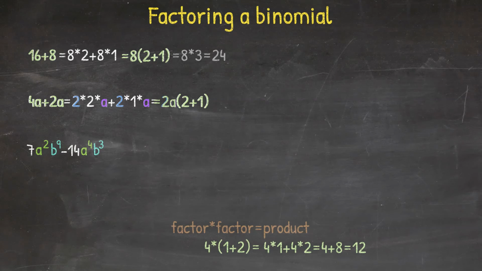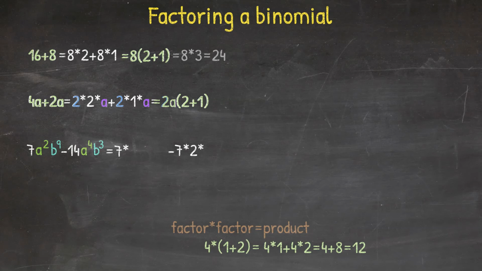Let's first focus on the numbers 7 and 14. We can clearly identify that they share a common factor 7. So let's have 7 as 7, or 7 times 1. And let's break down 14 into two factors, 7 and 2. And since we have minus 14, it would rather be minus 7 times 2.